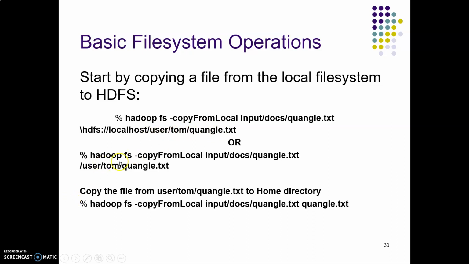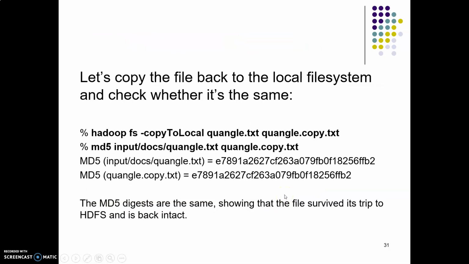Similarly, here we are using the complete path, but since localhost is already taken by default, we can use only the user path and the file name consul.txt. Then we have one more command called copyFromLocal, and this takes the file to the home directory.